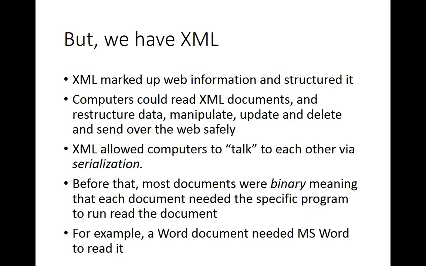Before the rise of XML, most documents were binary, which meant that the document needed to be opened by specific programs. For example, if I had a Word document and I was sending it to you, I couldn't just send it over the web in the same way I could send XML. I would need to send you the document, and then you would need to have MS Word to open it. If you had WordPerfect, same way. So communication across the web was very difficult before XML.